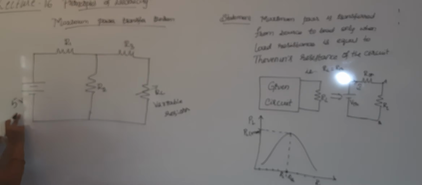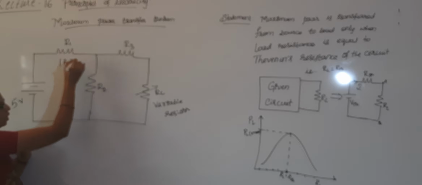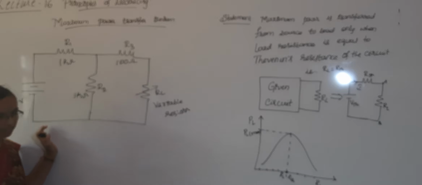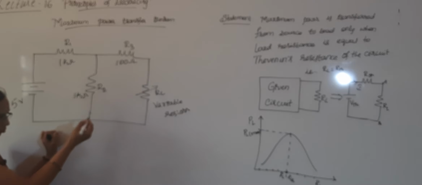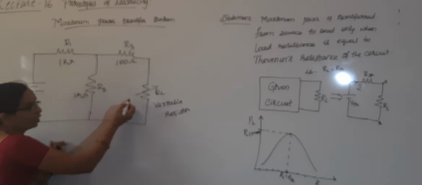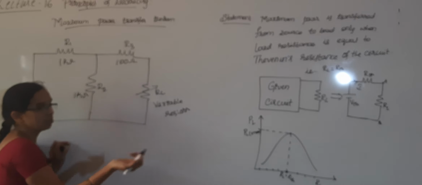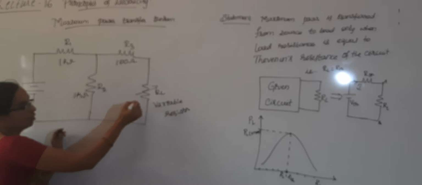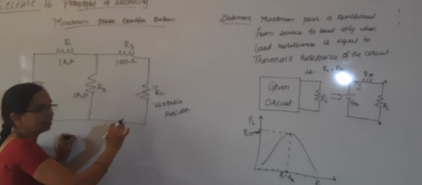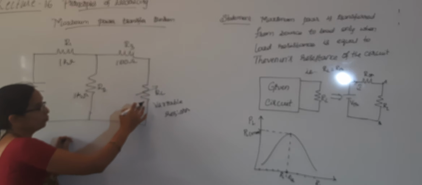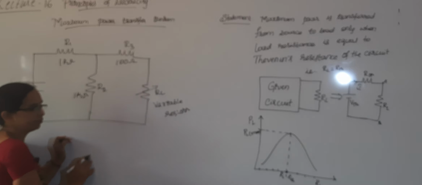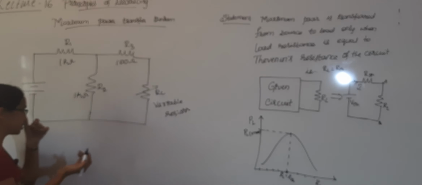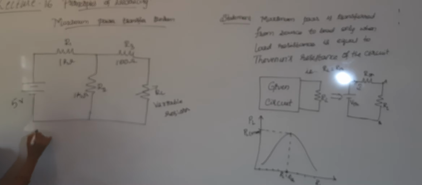If I have a 5 volt power supply, 1 kilo ohm R1, 1 kilo ohm R2 and 100 ohm R3, what happens? See, what will be the value of RL when maximum power will be delivered? How to calculate that? I am varying RL, increasing RL. At what point will the maximum power be delivered? The maximum power will be delivered only when RL is equal to RTH. So for that I have to calculate RTH.